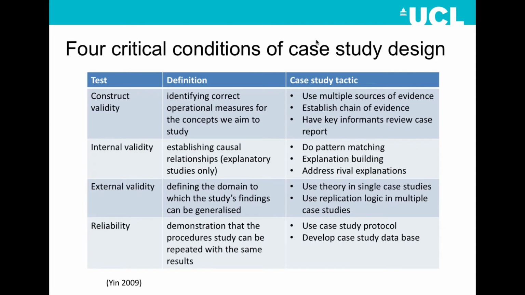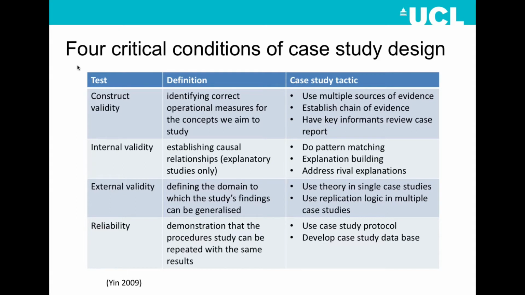There are four critical conditions that will determine if our case study is well designed or not. These main aspects to consider are the construct validity, which is basically to show if, with our case, we are measuring what we want to measure, if we are identifying the correct operational measures.